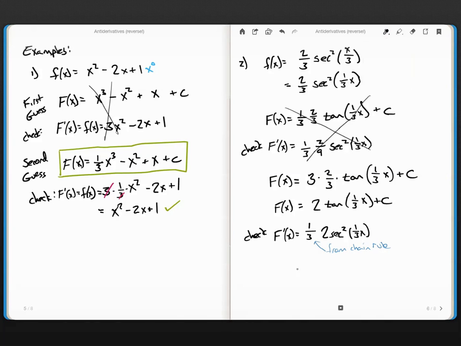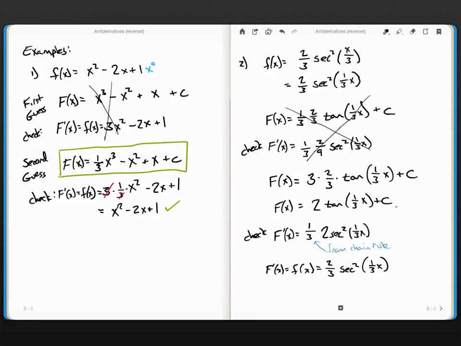And so f prime of x, which I'm hoping is the same as my original function, equals 2 times 1/3, 2/3, secant squared of 1/3 x. Does that check out? Way back here, my original function, 2/3 secant squared of 1/3 x.